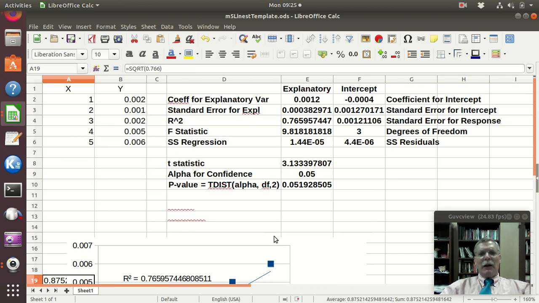So I would say these data are correlated. However, if I'm asking, do I think I've proven a relationship between X and Y, a dependency, I would say no, I haven't.